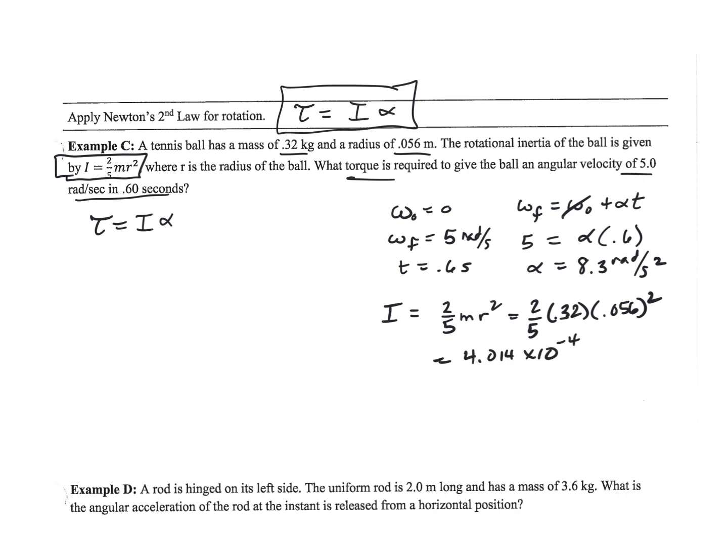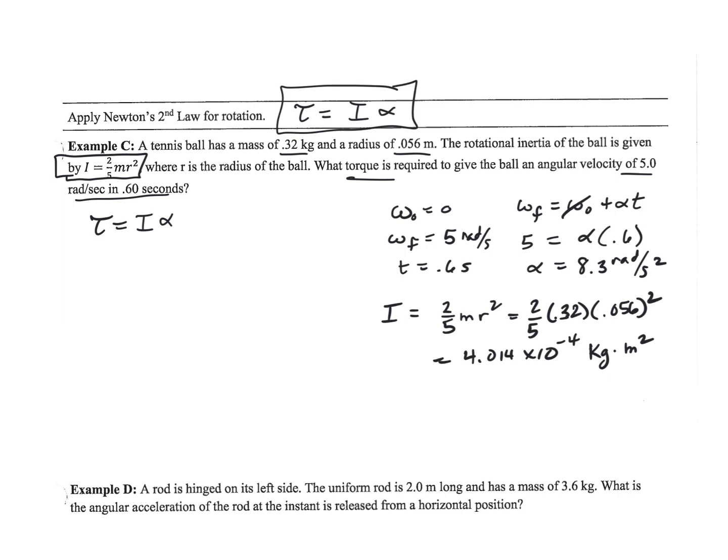And inertia, of course, is going to be kilogram meter squared, because inertia is mass times radius squared, so mass is kilogram, radius is meters.